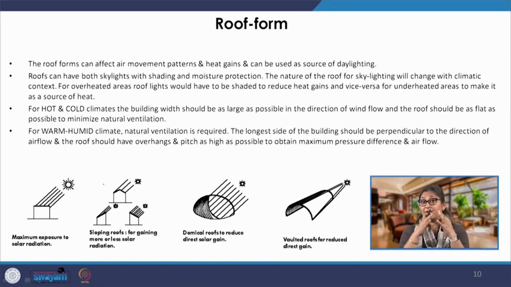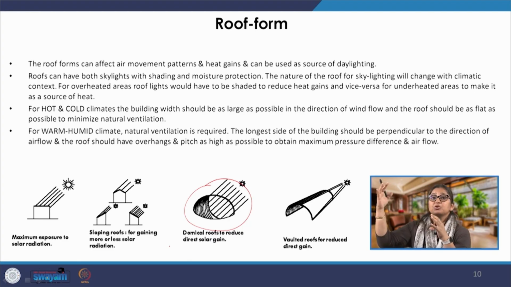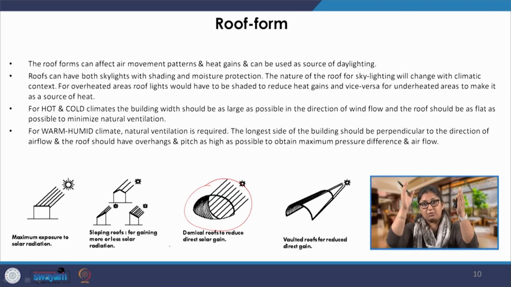Then we also have to select the roof form. If it rains heavily, then we will have sloping roofs, but in addition to that, we will also be looking at the amount of solar radiation that comes. If we have a domical roof, we will only have a portion of the roof exposed to solar radiation directly at a given point of time in the day, except for when the sun is absolutely above our head, absolutely vertical, when the entire roof will be receiving radiation.